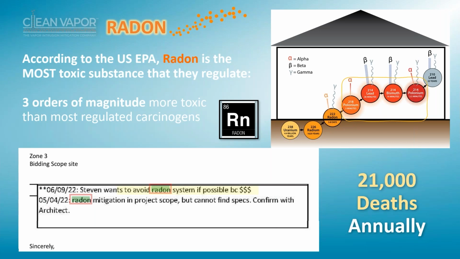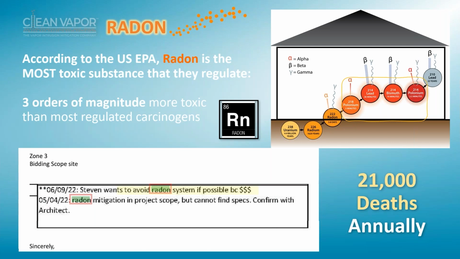But naturally occurring radon is only regulated to a risk of 7 persons getting lung cancer out of 1,000 at 4 picocuries. So there's a 3 order of magnitude difference between what we're going after with petroleum hydrocarbons and VOCs compared to naturally occurring radon.